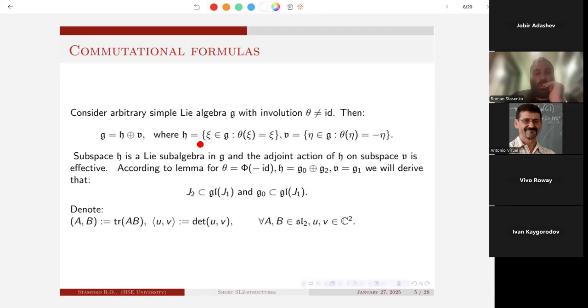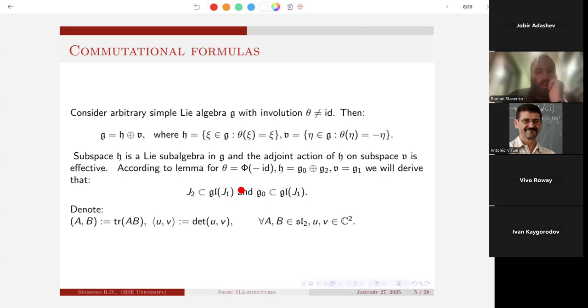According to this lemma, for theta equal to phi minus ID, we can derive that G2 is a subspace in the space of all linear operators on G1, and G0 is a subspace in the space of all linear operators on G1 too.